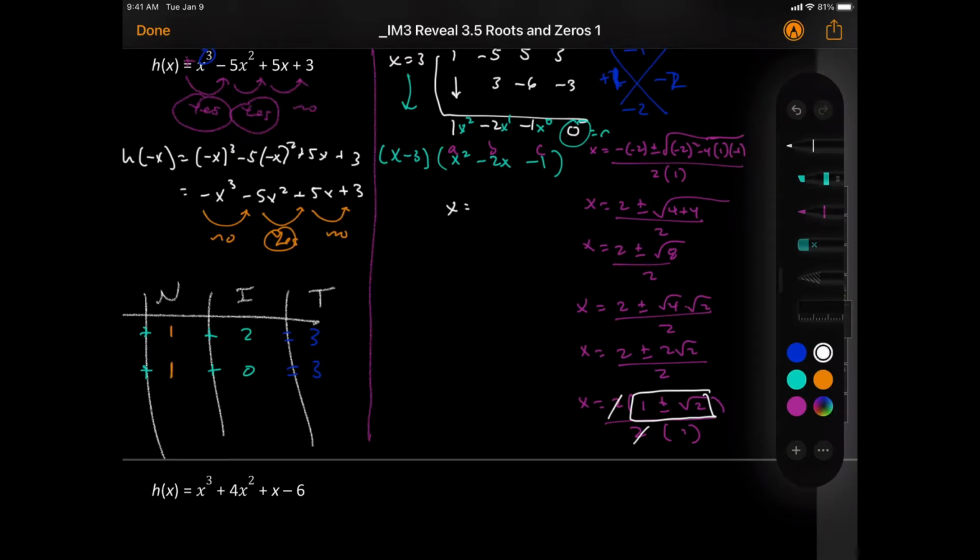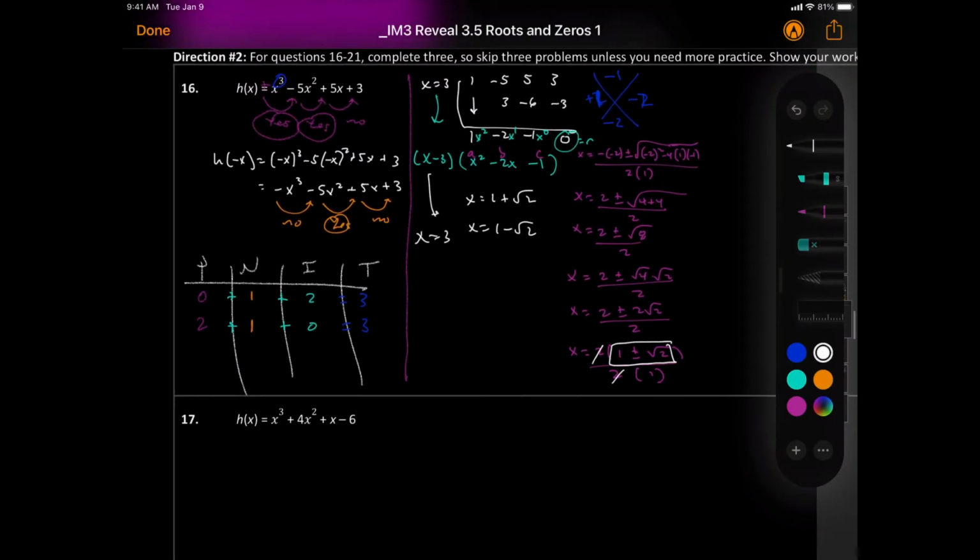So x equals 1 plus radical 2 and 1 minus radical 2. And we have this one over here, x equals 3. And so this matches our chart. Let's point out why.